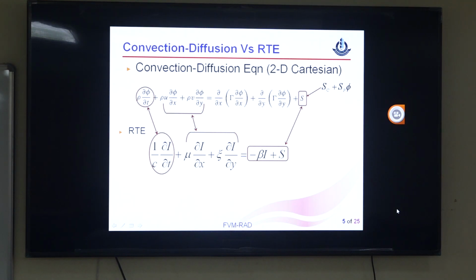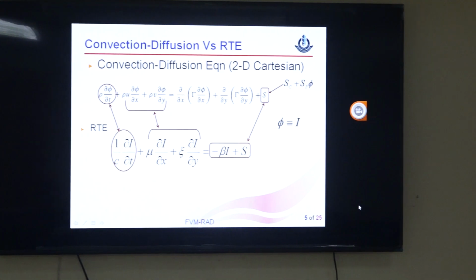And the source is our radiative source, which consists of our emission term as well as our in-scattering term. There we are calculating the temperature for conventional fluid flow heat transfer problems, where phi refers to temperature or any kind of enthalpy, depending on the type of problem, and here it is only the radiative intensity.